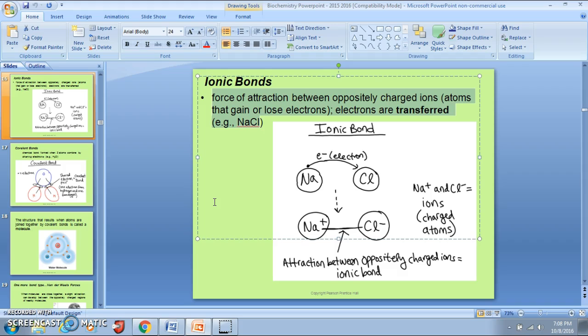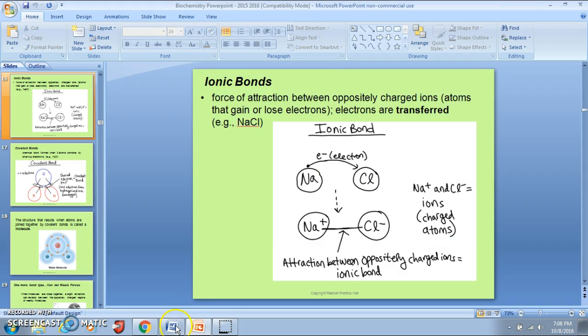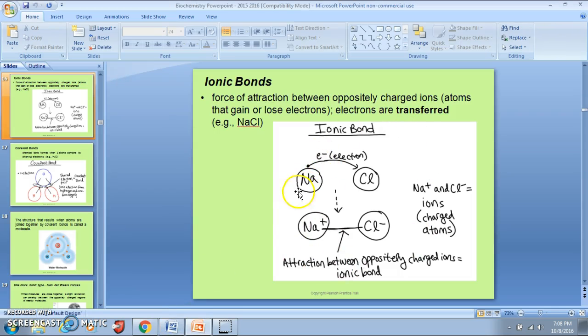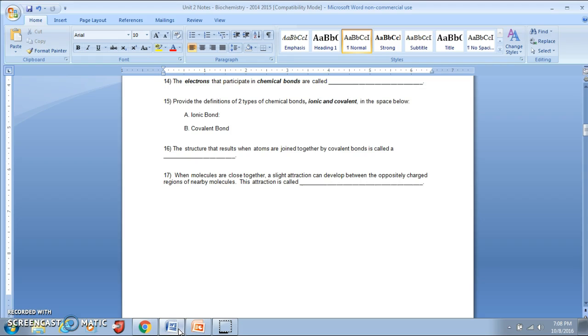And in this situation, an electron is being transferred from sodium to chlorine. So again, you're going to put the definition under number 15, but you should also draw this picture of an ionic bond at the bottom of your page.